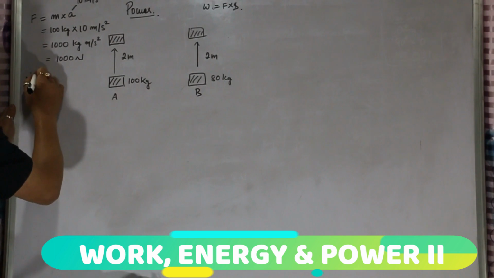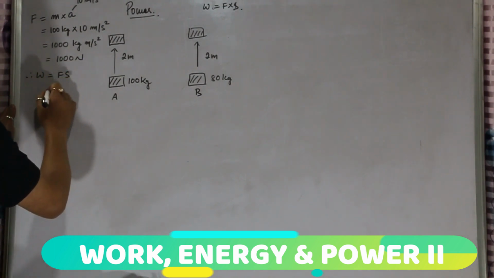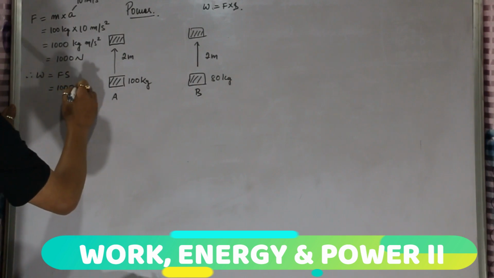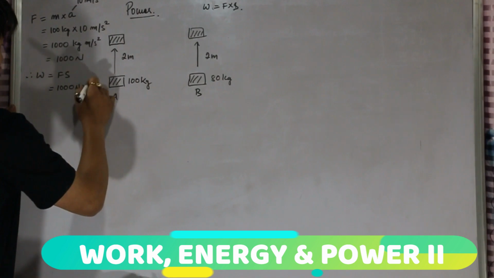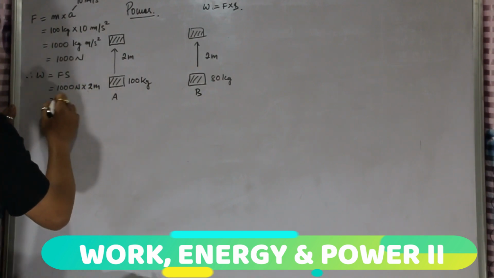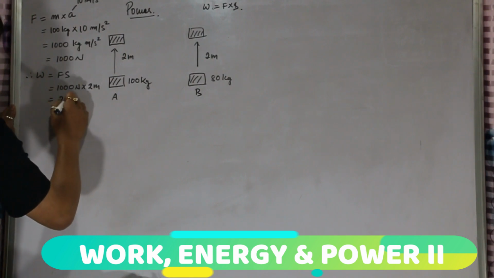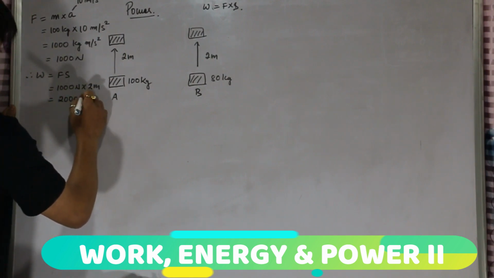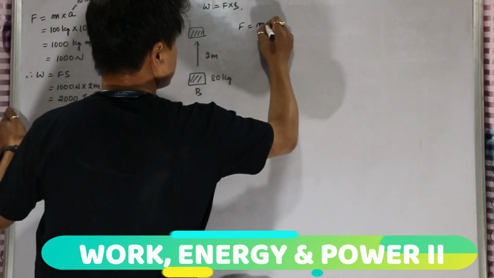Which is equal to 1000 Newton. Therefore, work done by A is equal to force into displacement. Force is 1000 Newton, displacement is 2 meters. So work done by A is 2000 Newton meter, which is joules. And for B, force is equal to mass into acceleration.